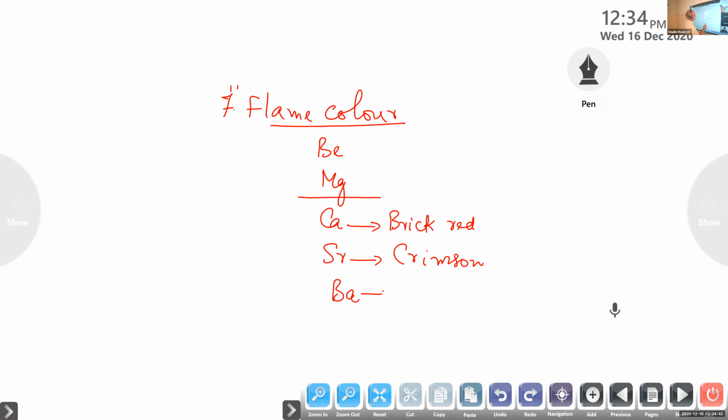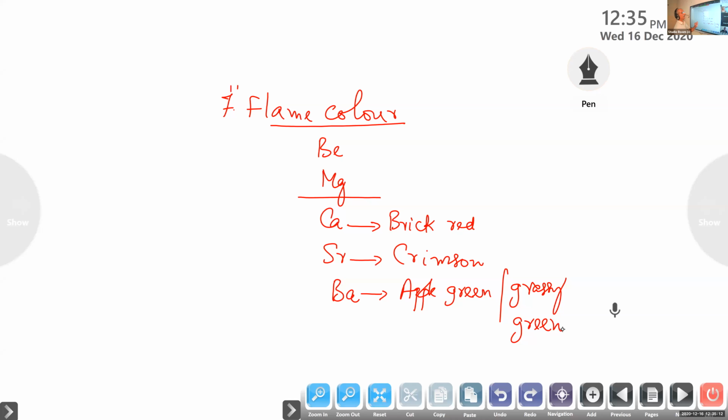Then barium gives apple green color, or grassy green color, say pale green color. So only calcium, strontium, and barium produce characteristic flame colors. From the flame color, we can identify the metal.